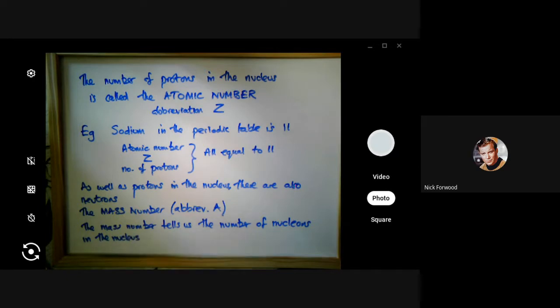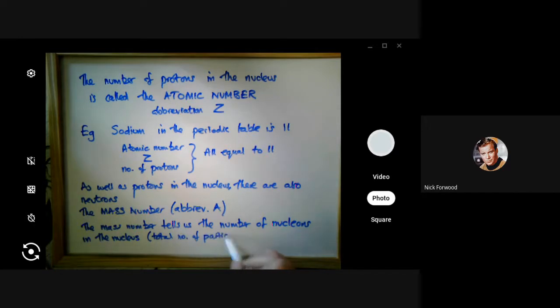And what is this new word nucleons? I probably mentioned that before in the standard model section, but the word nucleon means particles, the total number of particles in the nucleus. I can't even say it. I'm not doing very well this morning. The mass number tells us the number of nucleons in the nucleus. So that's the total number of particles.